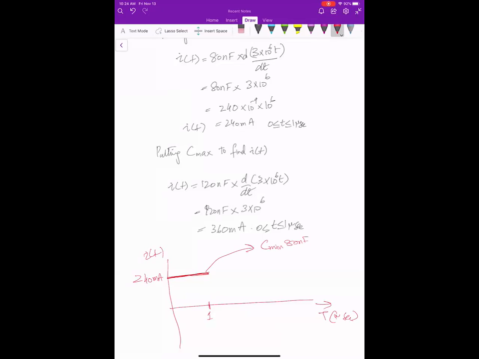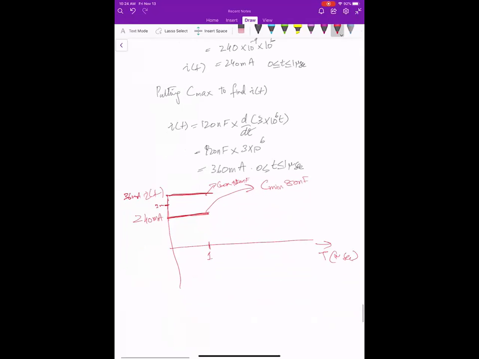But this is for C min, okay? And for C max, I have 360. So if this is 300, this is 360 milliamps for C max, which is 120 nanofarad. So that's how I am plotting the waveform. Sounds good? Am I fine here?